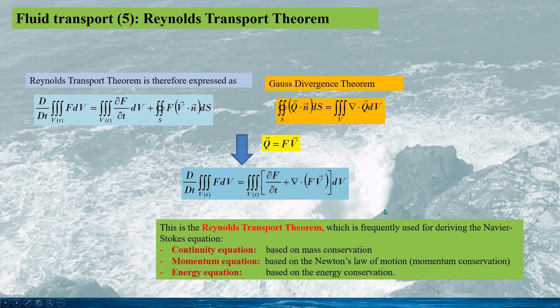This is the form of the Reynolds transport theorem which is used for deriving the Navier-Stokes equations, including the continuity equation based on mass conservation, the momentum equation based on Newton's second law of motion, or momentum conservation, and the energy equation based on energy conservation.